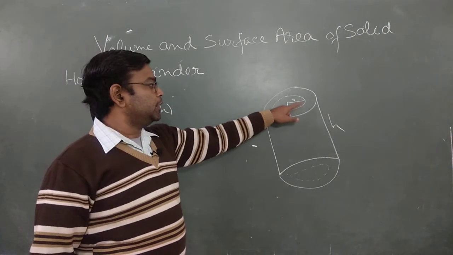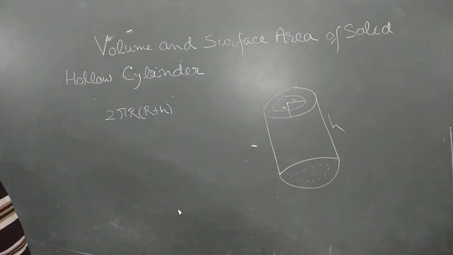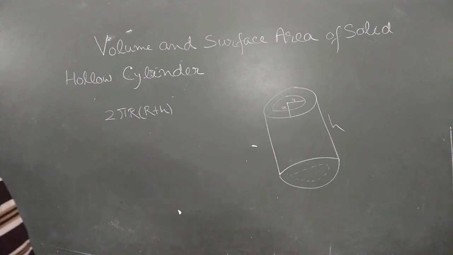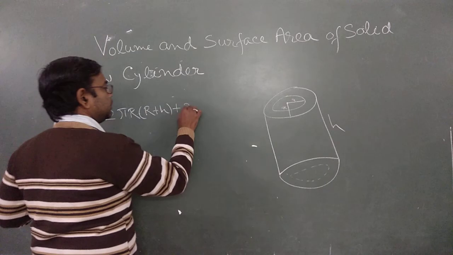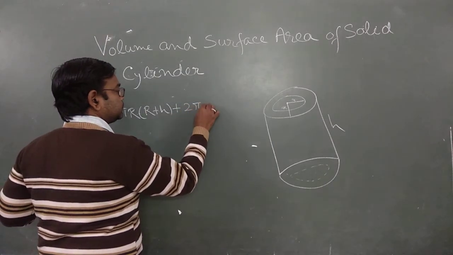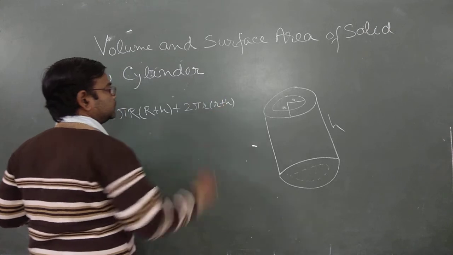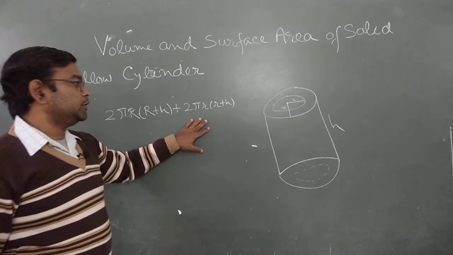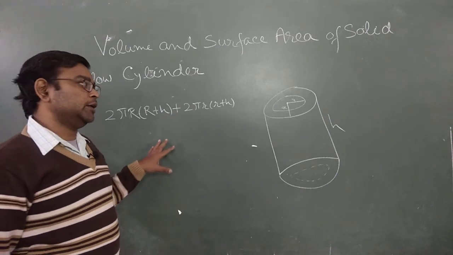But we have an inner part also, no? So in this case we have to add 2 pi r into r plus h. If we add this, then we are unable to find the exact internal surface area.